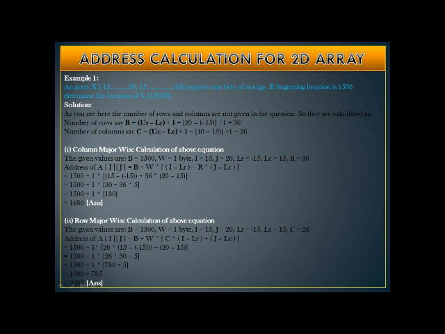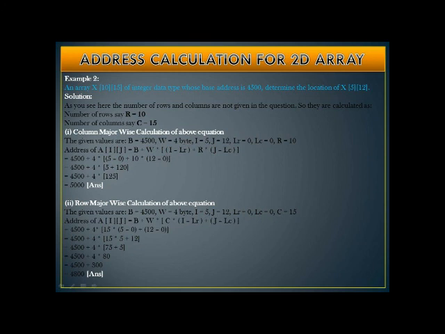The lower limit starts from minus 15, and colon means till the upper limit, that is 20. That means the lower and upper limits of columns and rows are the same. The only difference is that this question has dots, and in another question it may have a colon or a hyphen or something like that. So don't get confused with those signs or symbols.